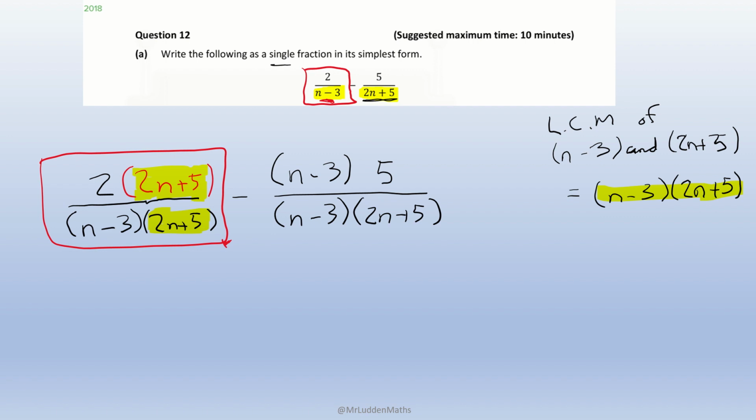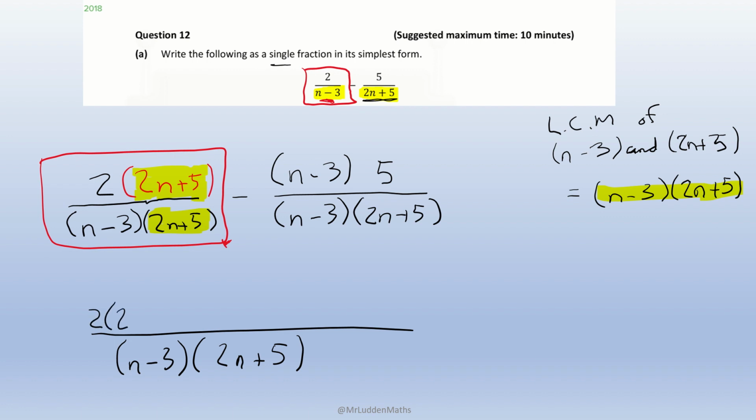So for my next step, I'm going to rewrite this all over as one fraction, so all over the one denominator, and my one denominator is n minus 3 times 2n plus 5. And up on top of my first fraction, I've got 2 times 2n plus 5. And here's what I was talking about earlier, that minus sign in the middle.